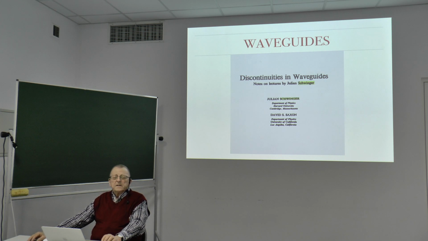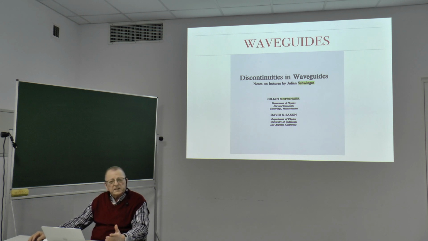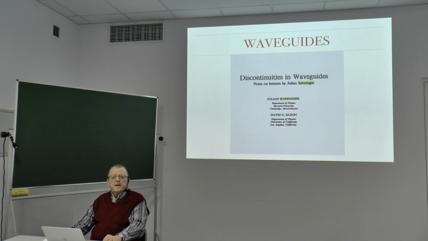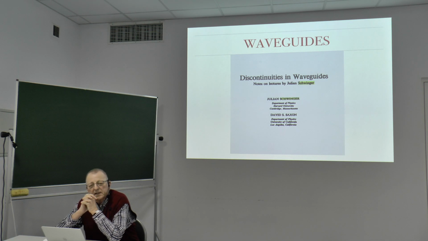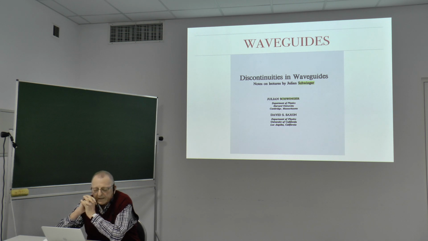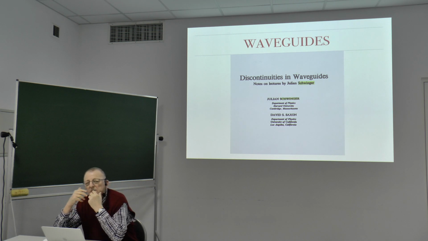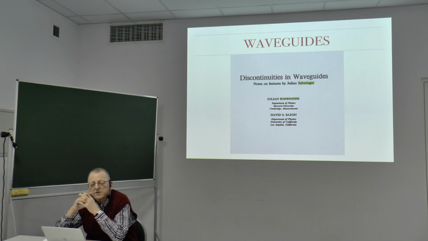And one of the leading young scientists employed in that business was Julius Schwinger. The slide shows a book called Discontinuities in Waveguides, which is a book collected by Saxon from the lectures and notes which Schwinger had on the waveguides.